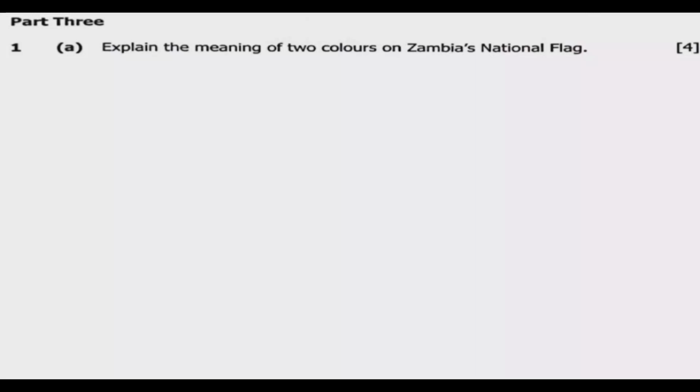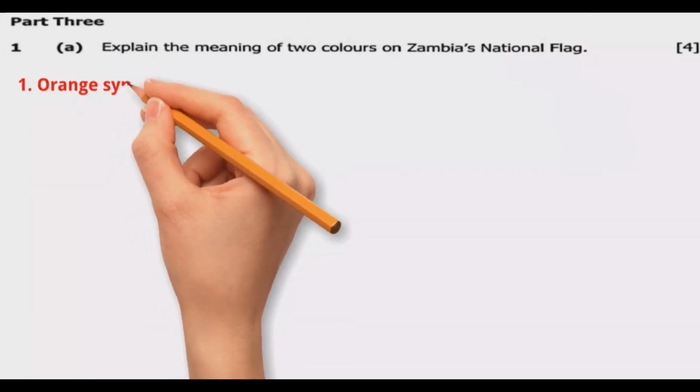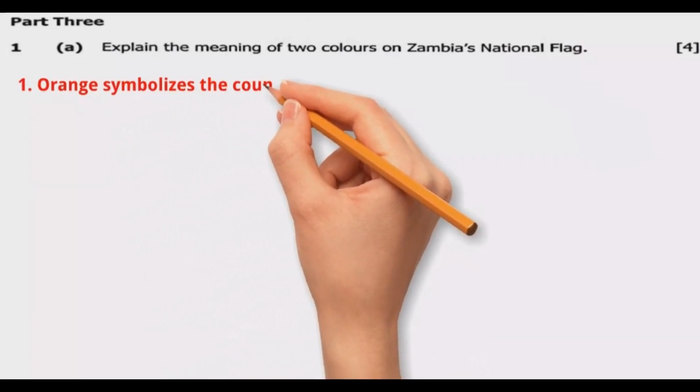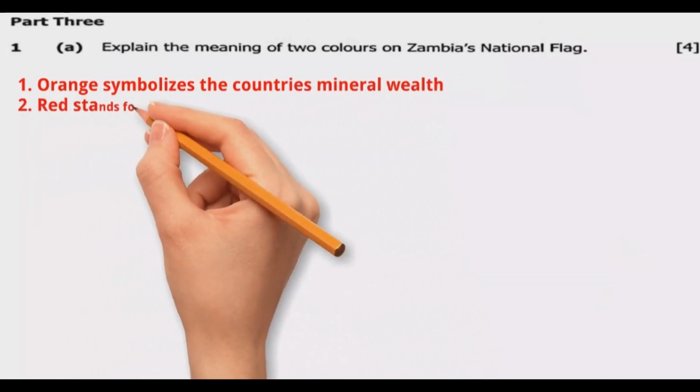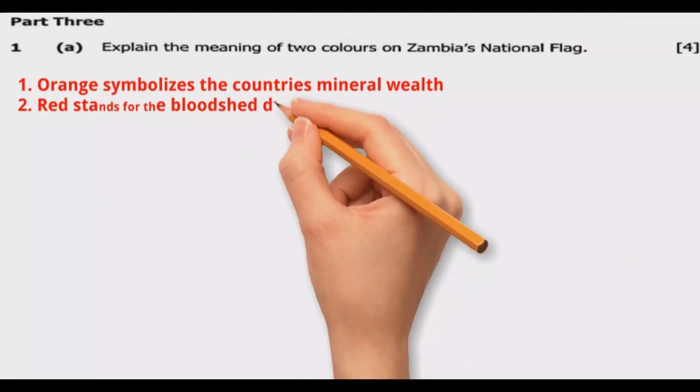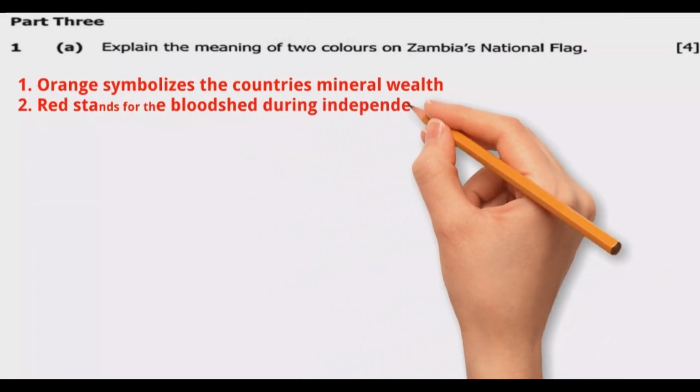They have told us to describe just two colors, but I'm going to raise all four for the sake of revision. The first color is orange. Orange symbolizes the country's mineral wealth. Two, red stands for the bloodshed during the independence struggle.